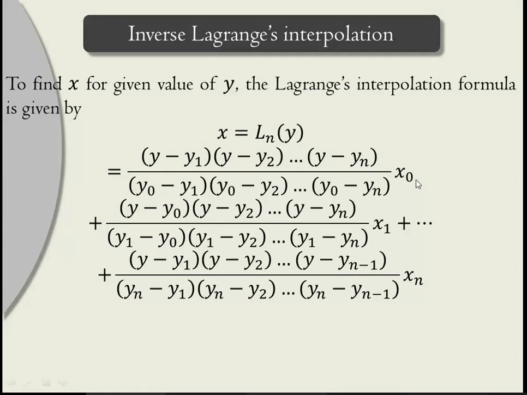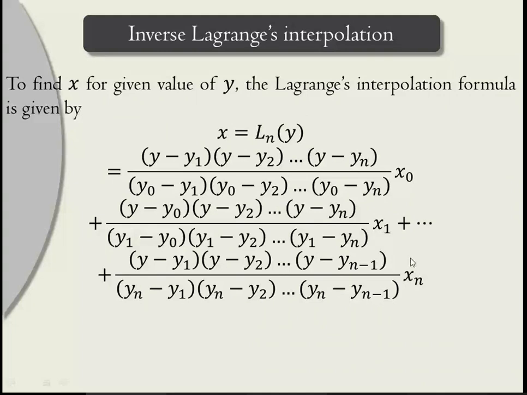Plus, subtract all the values of y except the second term y1, that is y minus y0, y minus y2, like that, and divide by y1 minus all the rest of the terms, into x1. Continue like that, and we get the last term with y minus y0, y minus y1 up to y minus y(n minus 1), except yn.